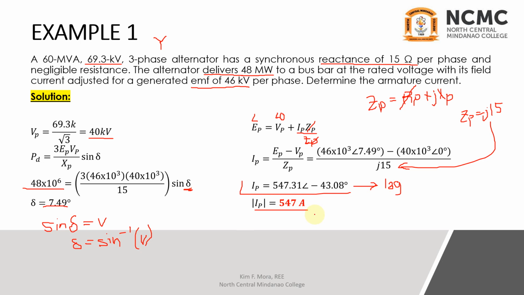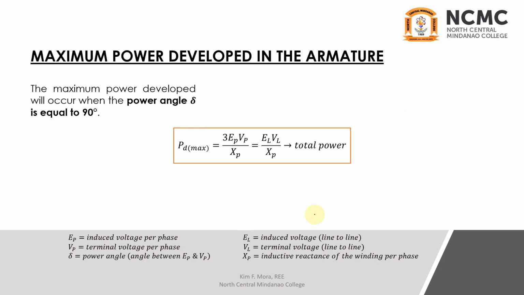Okay, next is about the maximum power developed in the armature. When does the power developed or delivered become maximum? The maximum power developed will occur when the power angle is equal to 90 degrees. Remember in our formula earlier, there was a sine of the angle.